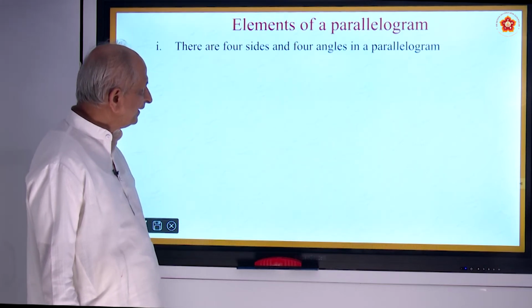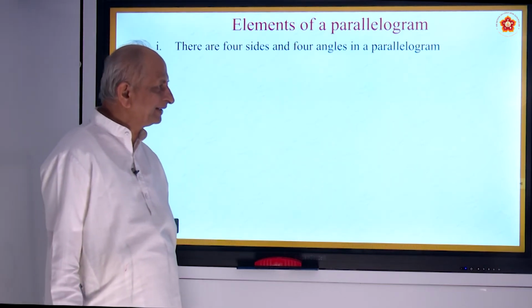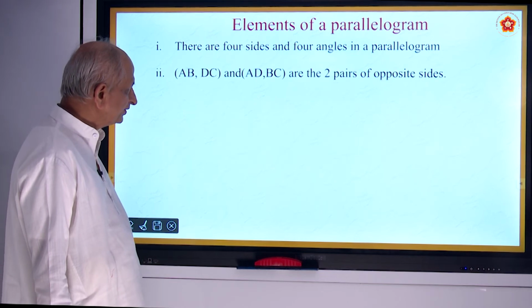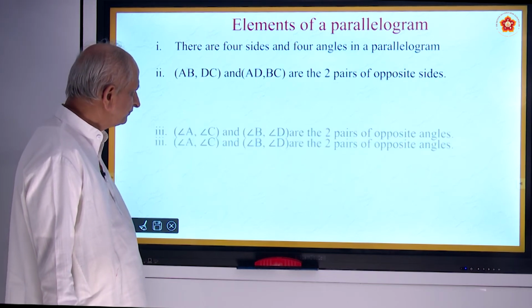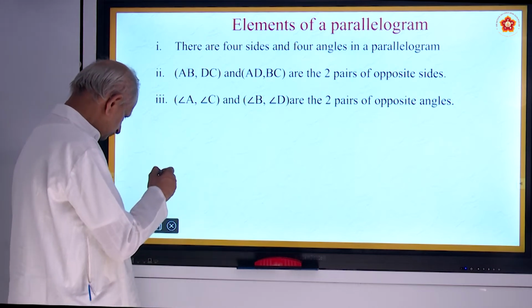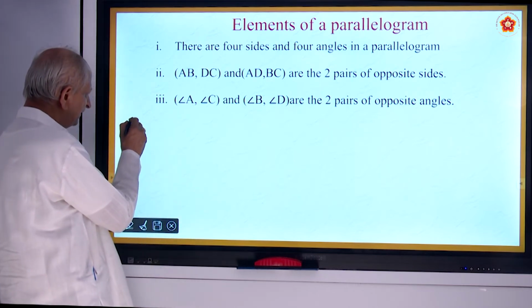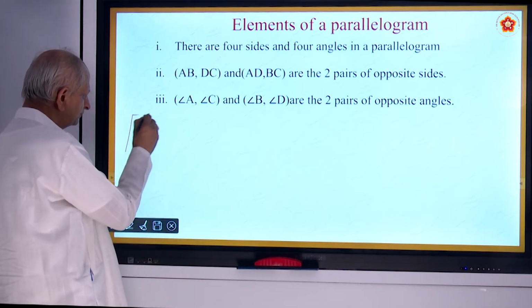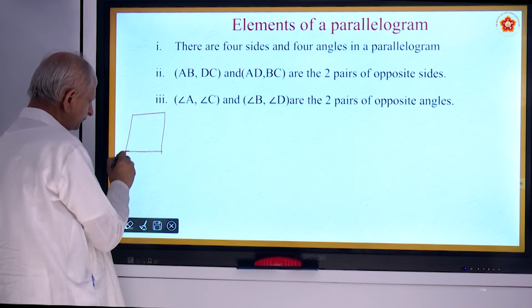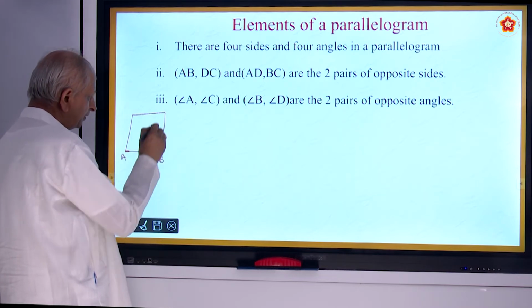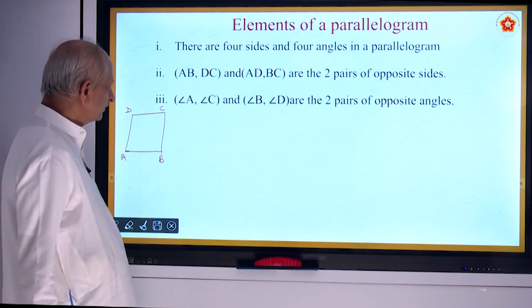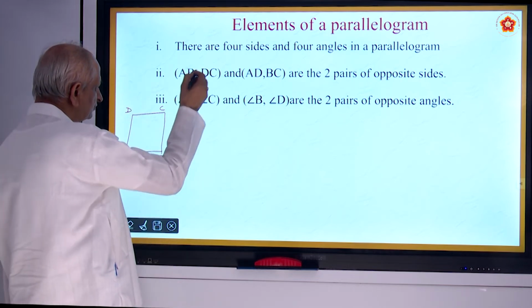Now, there are some elements of a parallelogram, meaning parts. There are 4 sides and 4 angles in a parallelogram. Suppose you have a parallelogram ABCD like this. Here A, B, C, D are called vertices, and what are the sides here?